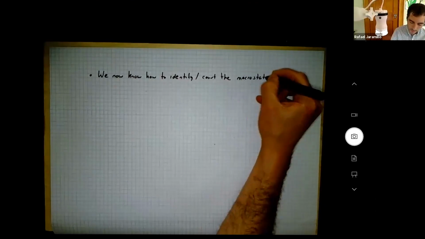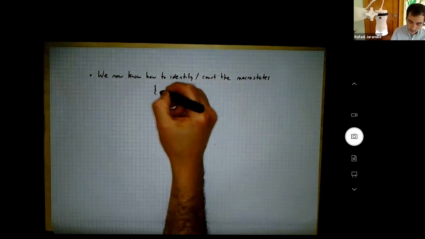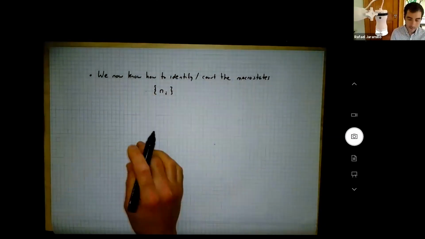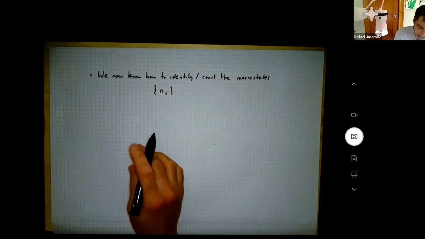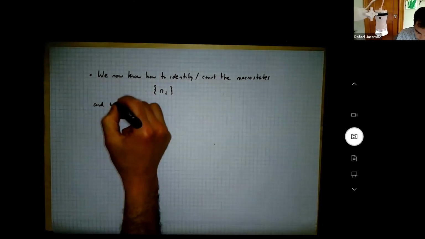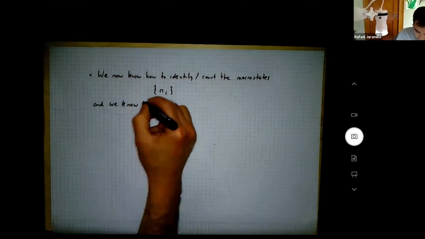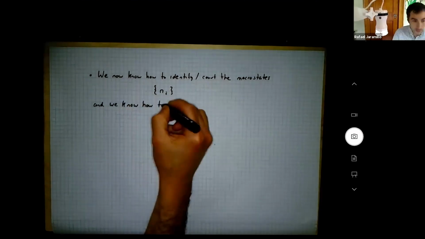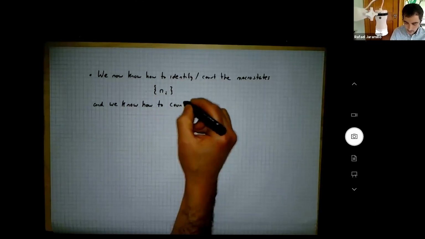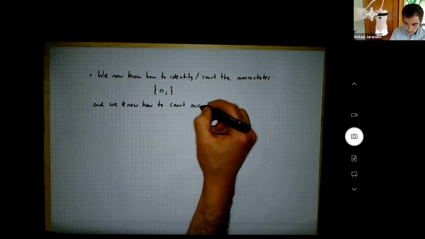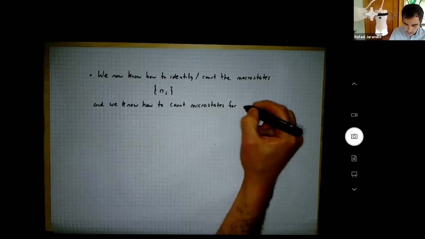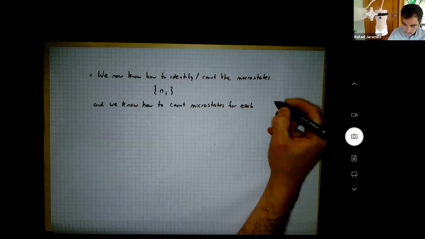Right, we know a systematic way now to generate these sets. And as a result, we know how to count microstates for each macrostate.